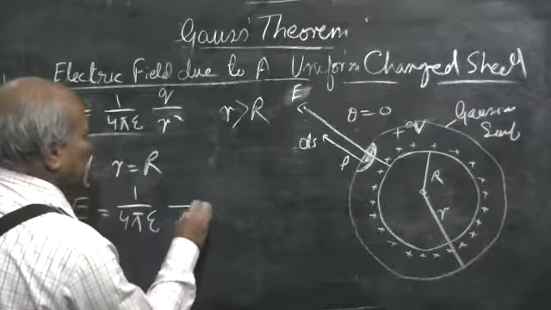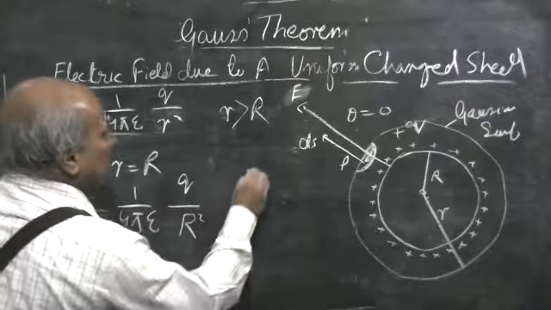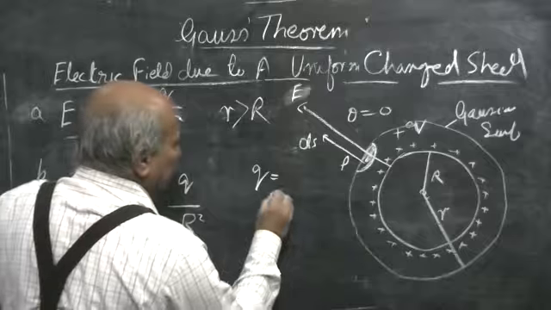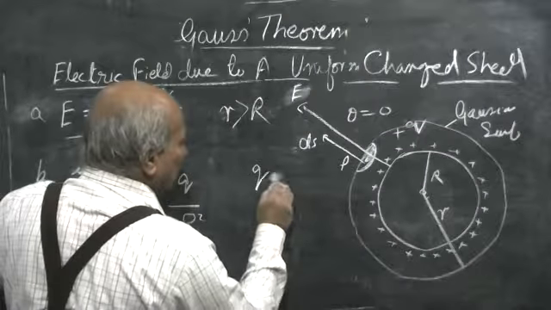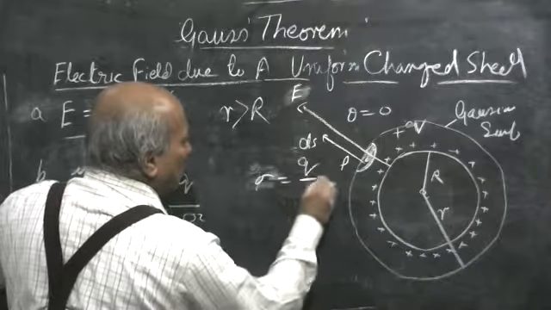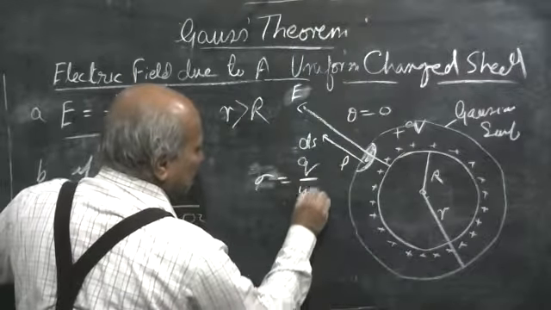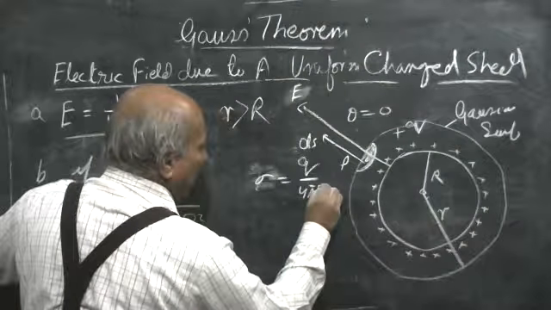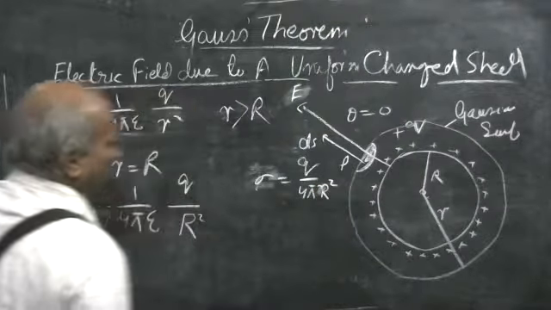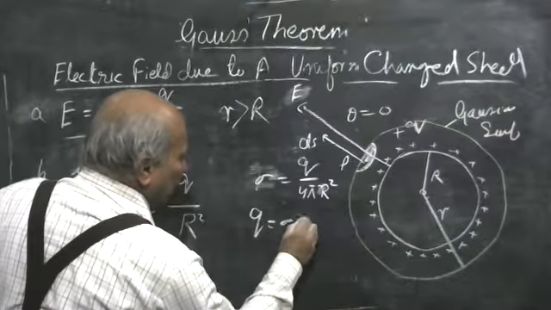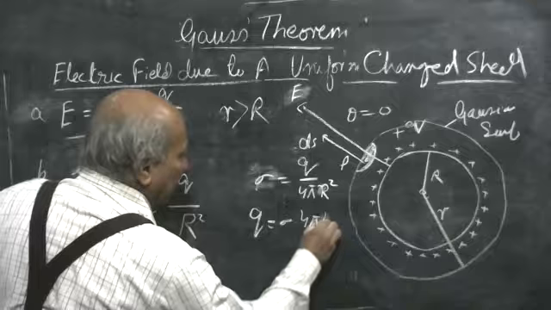But Q is related to the surface charge density sigma, so Q is equal to sigma into 4 pi R square.